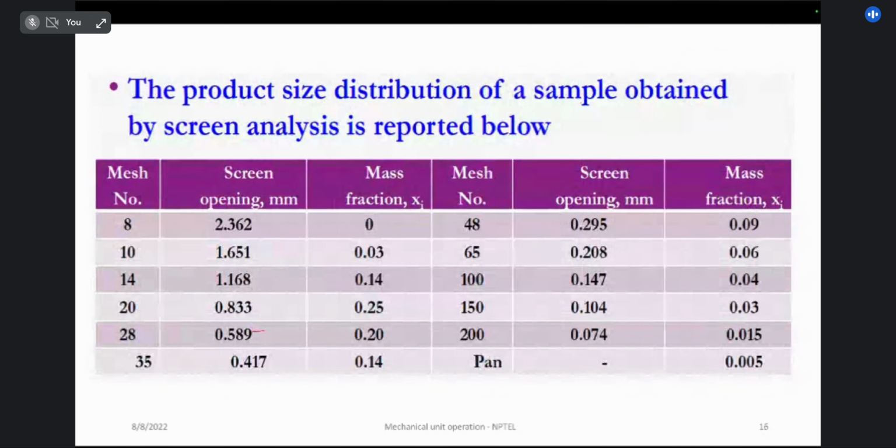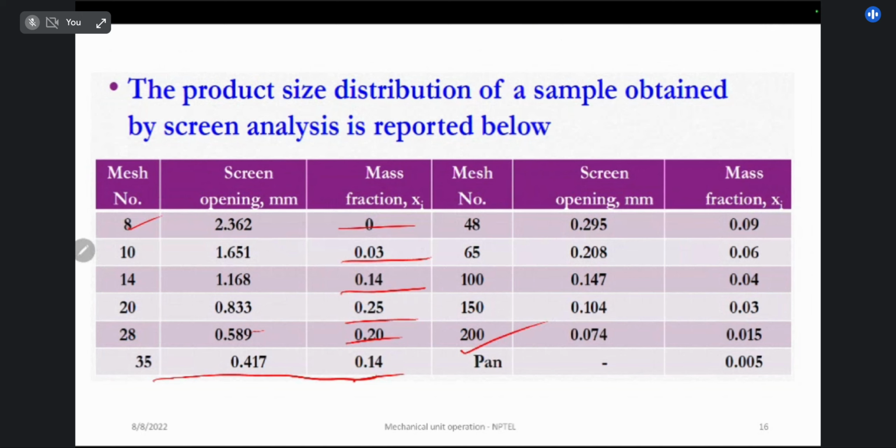Now we will see the product size. This is another example. The product size distribution of a sample obtained by screen analysis is reported below. There are different mesh numbers, screen openings and mass fractions given, with mesh numbers ranging from 8 to 200, and the mass fraction on each mesh is provided.